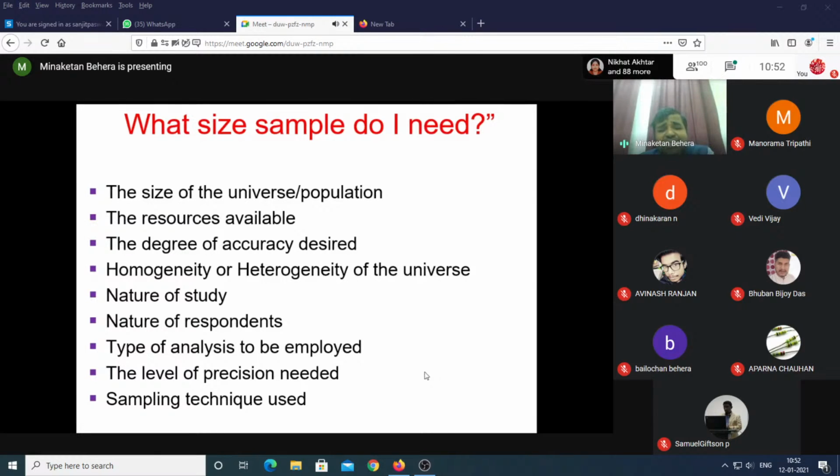Many students ask, sir, if I take a 300 sample size, my supervisor or faculty member is asking, why not 360? You should politely tell the teacher that, in my understanding, the sample size I have taken is the best representative of the population, and with this 200 I am able to use all the statistical parameters I have taken into account.